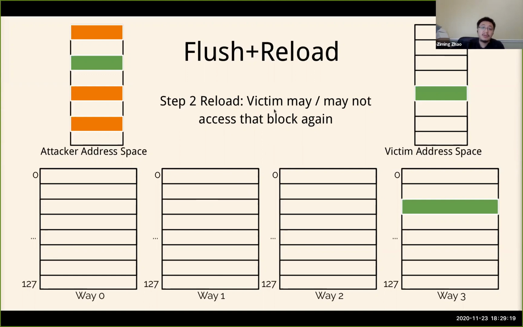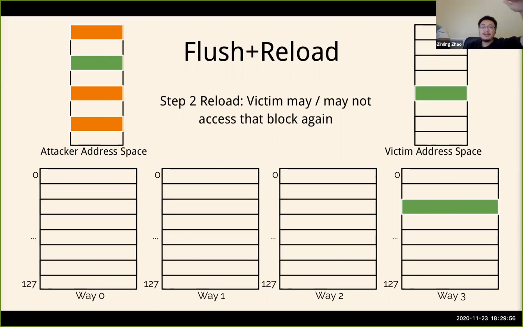Then the attacker will try to flush, for example, an address of an instruction of that library out of the cache, using the CLFLUSH instruction. When you flush it out, you know that address is not in the cache, okay? Then the victim may or may not access that block again. If the victim accesses that block, that block will be brought back into the cache. Not necessarily at the same way, but definitely in the same set. That block could be after a predicate, maybe at the C level there is an if.